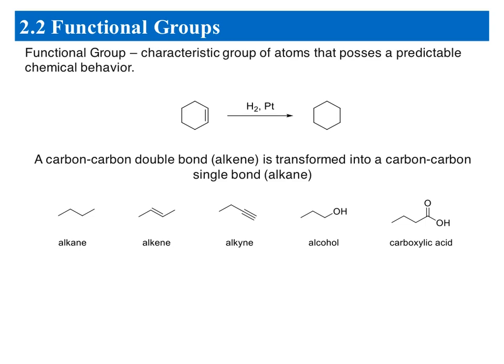So knowing and being able to identify the functional groups is very important while you are studying organic chemistry. So here we have some examples of the functional groups. We have a saturated hydrocarbon chain without any double bond or triple bond. It's an alkane. A carbon-carbon double bond is an alkene.